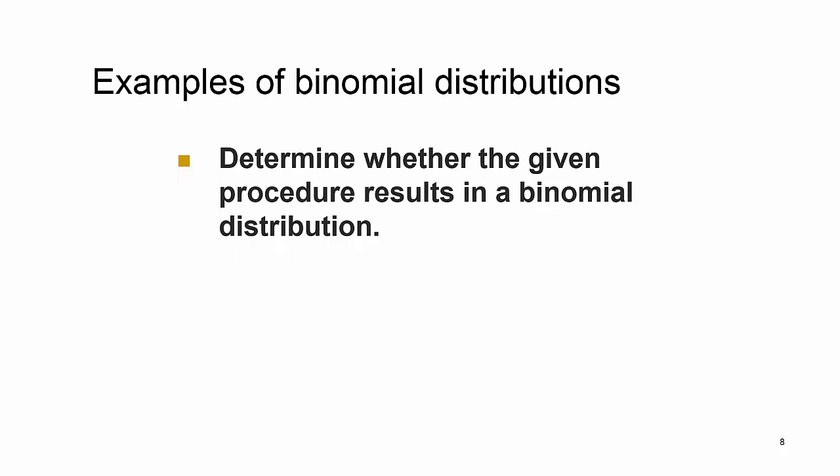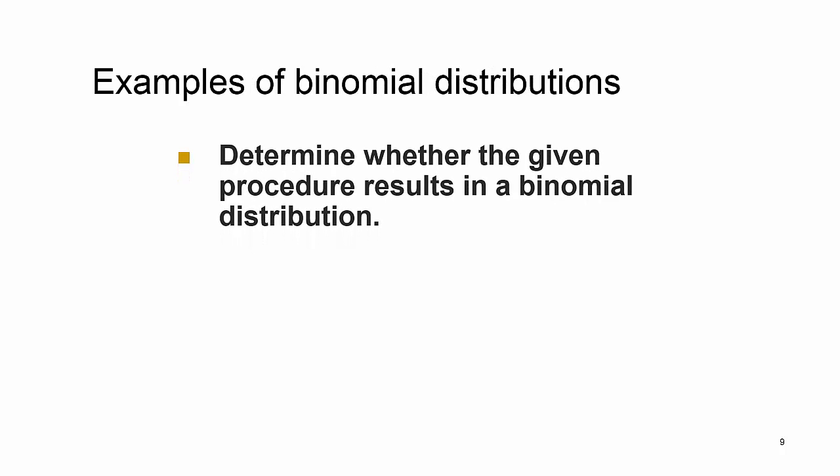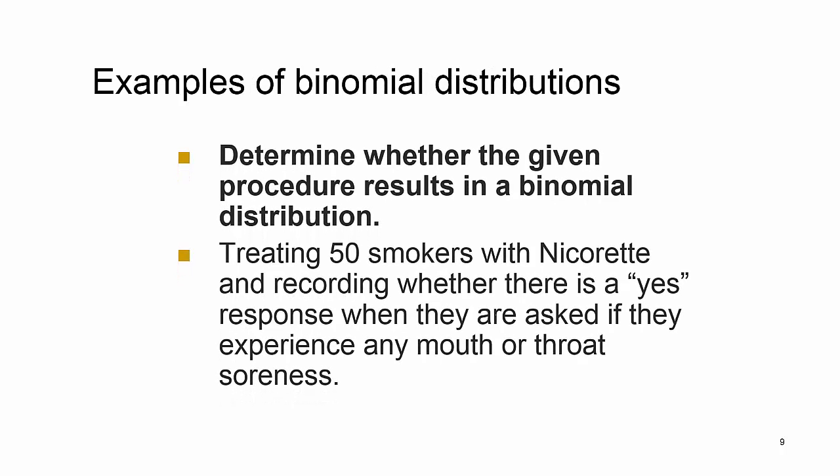Let's determine if the given procedure is a binomial distribution or not. Surveying 12 jurors and recording whether there is a no response when they are asked if they have ever been convicted of a felony. So this would be a binomial distribution because there's only 2 outcomes here, yes or no. Treating 50 smokers with Nicorette and recording whether there is a yes response when they are asked if they experience any mouth or throat soreness.